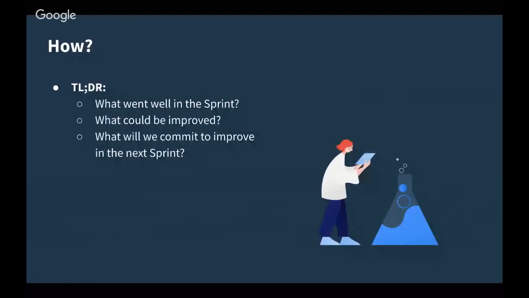And how should we do this? So the short version, in a retro, we should answer these three questions. What went well? What could be improved? And what are we going to do in this next sprint to improve what we want to improve, basically? These are the basic questions.